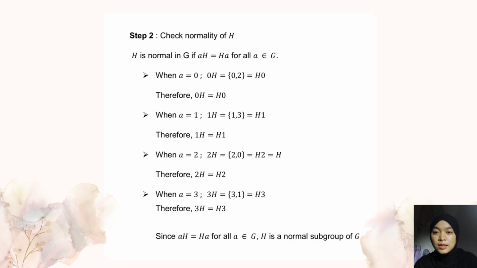On the left coset is 3H is equal to 3 plus 0, 3 plus 2 is equal to {3, 1}. While on the right coset is H3 is equal to 0 plus 3, 2 plus 3 is equal to {3, 1}. Therefore, 3H is equal to H3. Okay, the conclusion is since aH is equal to Ha for all a in G, therefore H is a normal subgroup of G.